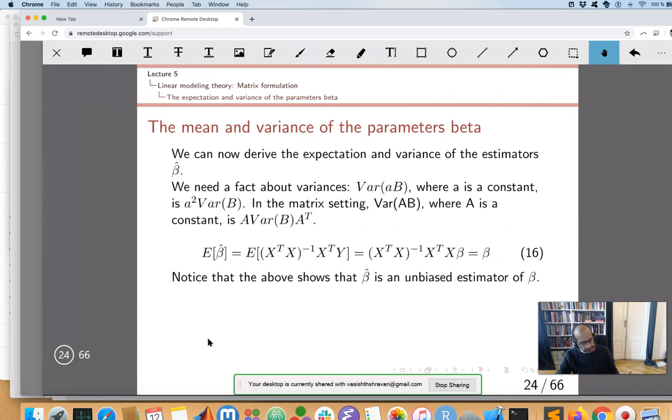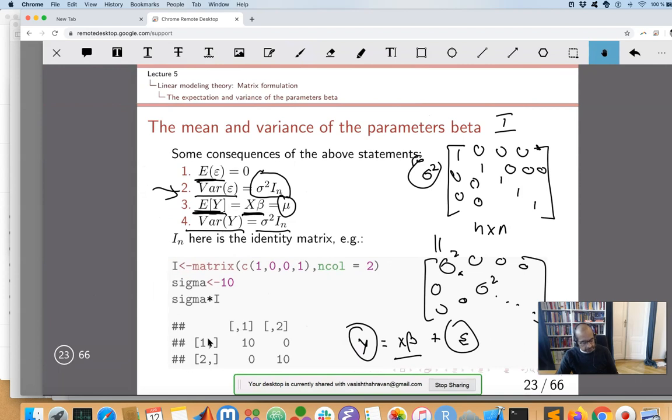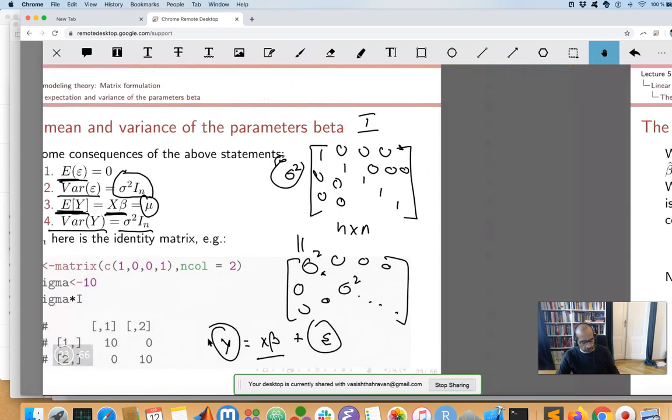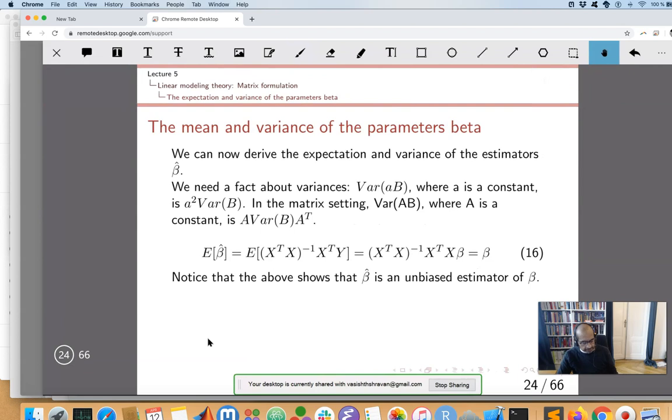All right, so now that we know these properties of the expectation of the residuals and the expectation and variance of y, we can derive the expectation and variance of the estimator beta hat. Remember that beta hat is basically the mean in the sum contrast coding.